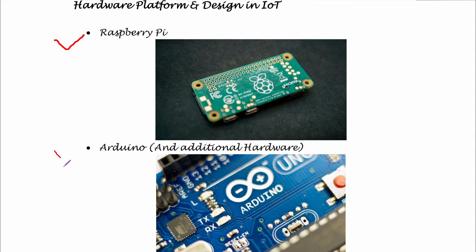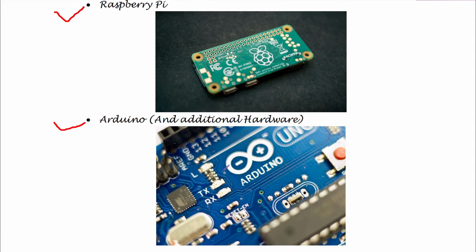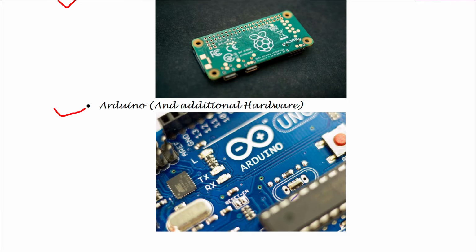Then a very simple device, Arduino. We have had it since a long time. Arduino is basically a microcontroller. It's a board with a microcontroller embedded in it. Of course it's an ordinary microcontroller board, but we require some additional hardware so that it becomes IoT compliant.